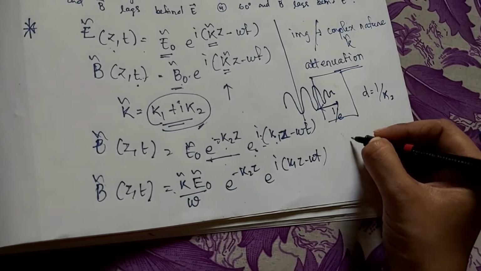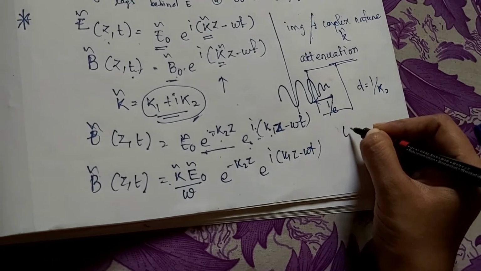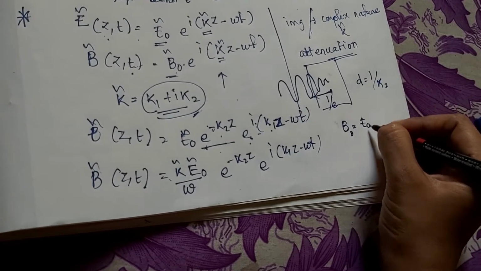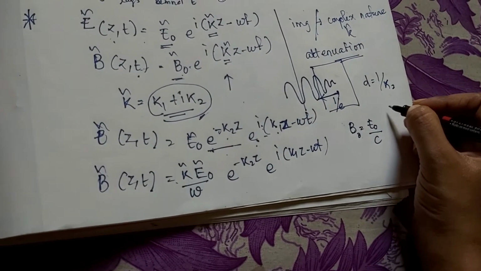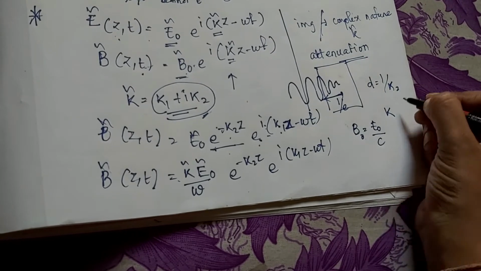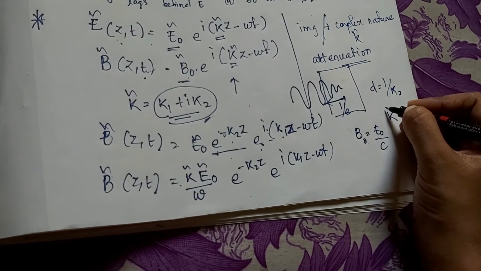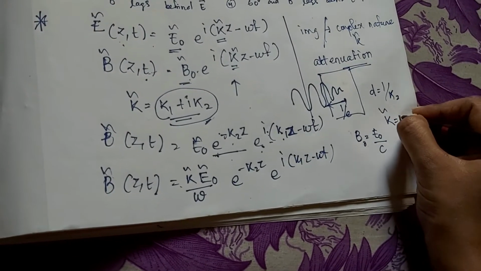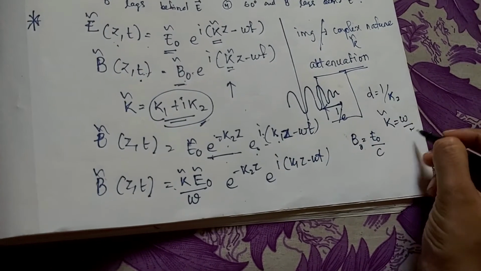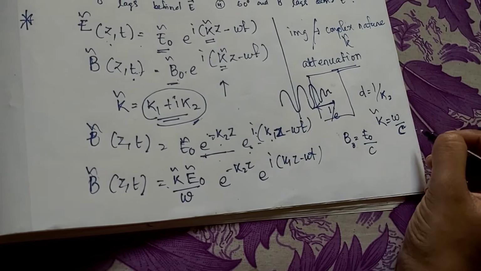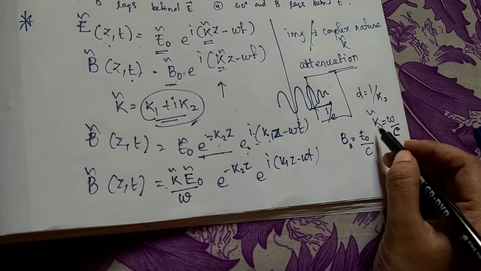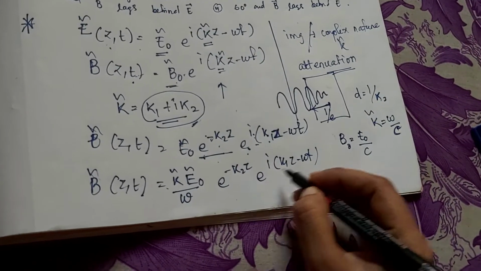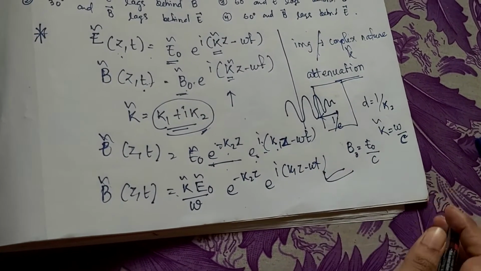How this comes about: we know that B naught = E naught / c, and k = ω/c, so I can substitute ω/k-bar for c. So here I got this for the B vector.